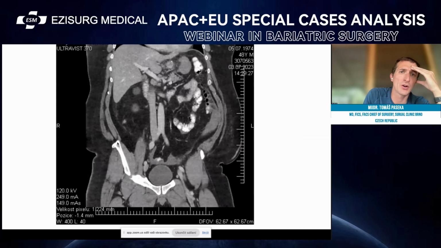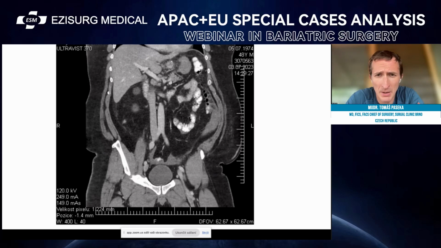I can share one of our cases. There was a man with sleeve gastrectomy, with BMI about 55, and he was unfit the next day, but not too badly. So we performed a CT scan, and the radiologist said there is no leak, and there was a small hematoma or fluid collection here, but the leak had not been proved.